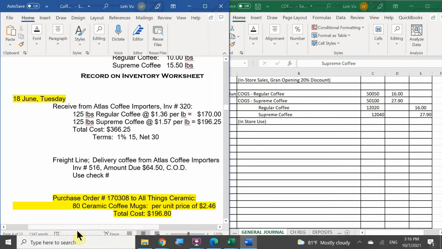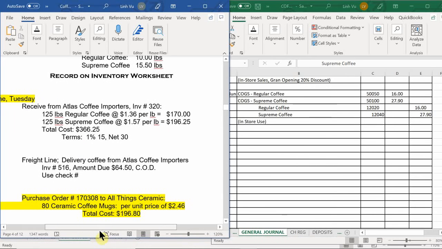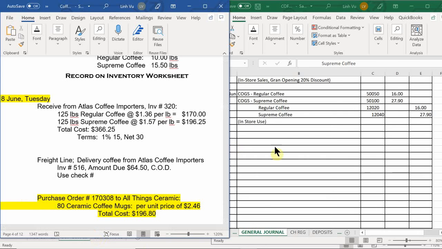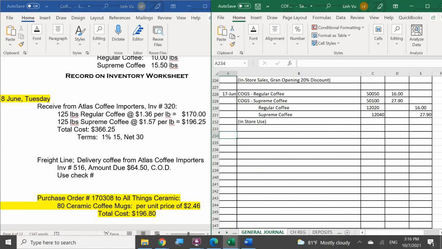And guess what? We just received more coffee. We received the invoice from the coffee, and we also received more coffee.